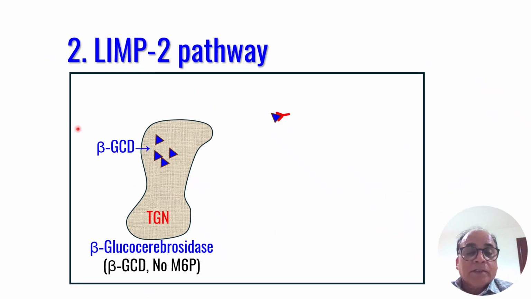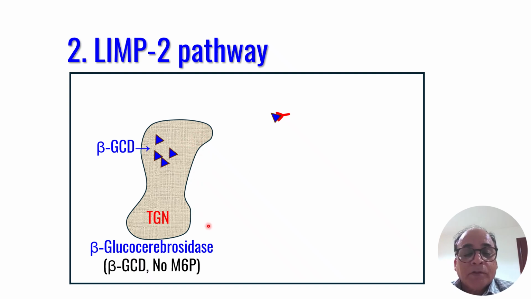So let us discuss the LIMP2 pathway mechanism for beta-glucocerebrosidase. It starts in the trans-Golgi network also. You have the enzyme here, beta-glucocerebrosidase, which does not carry mannose 6-phosphate.